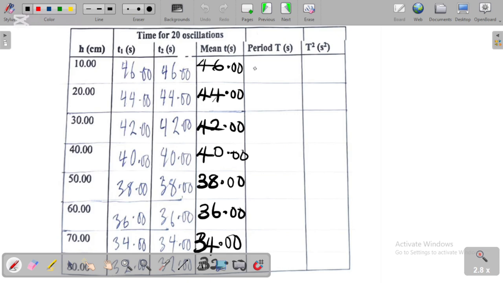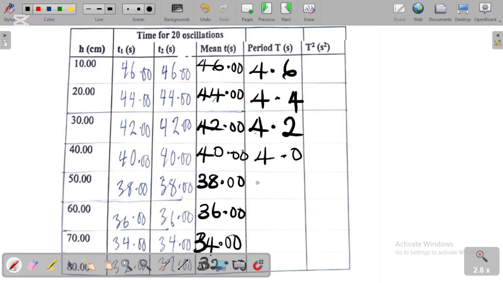The first one gave us 4.6. So we write here 4.6. The second one gave us 4.4. The third one gave us 4.2. The fourth one gave us 4.0.